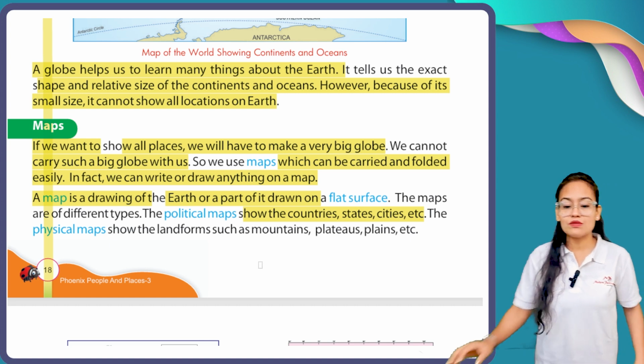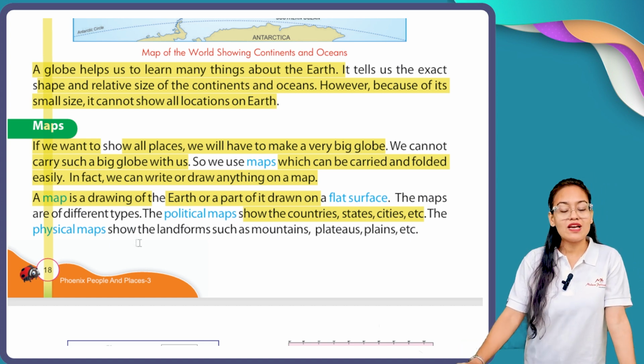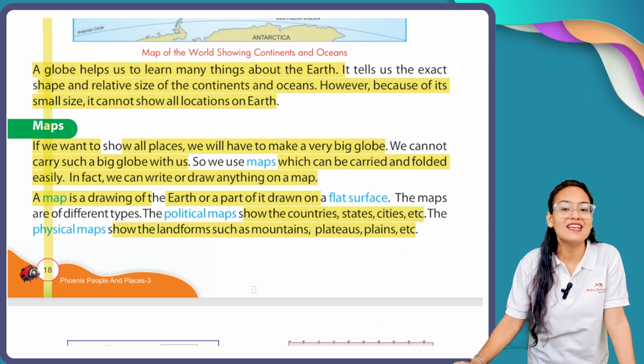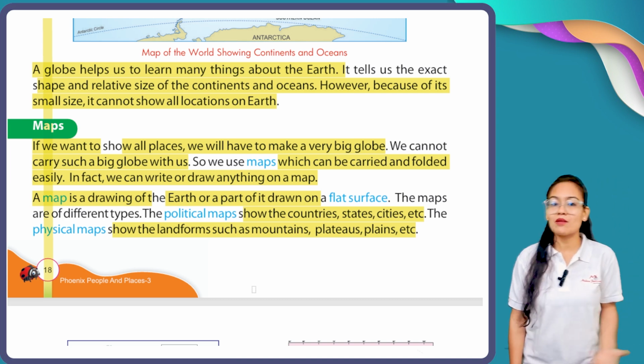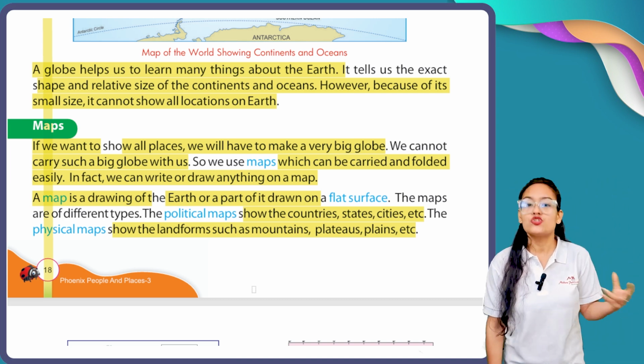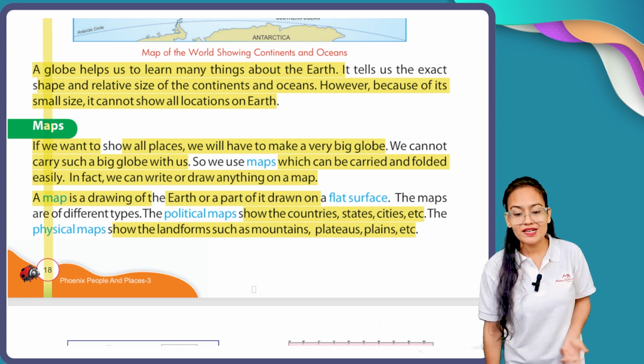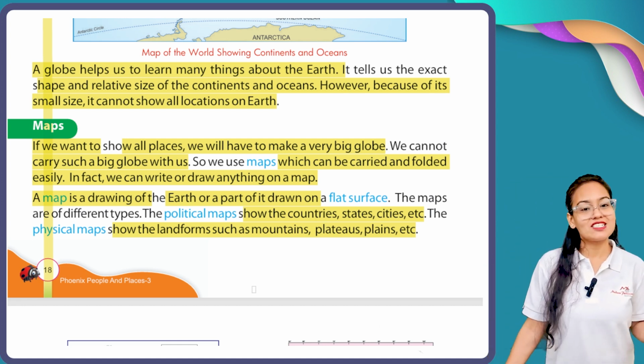Now, what is the meaning of a physical map? A physical map shows landforms such as mountains, plateaus, plains, etc. On a political map we mark the boundaries between two states, two countries, two continents, cities, and so on.